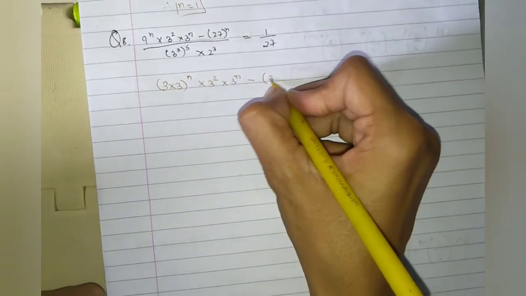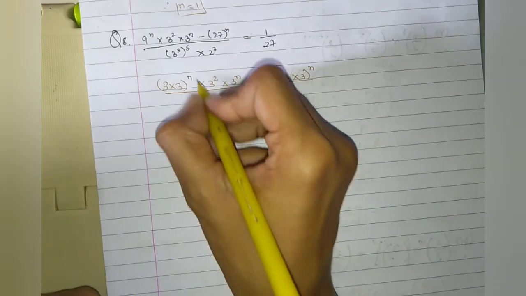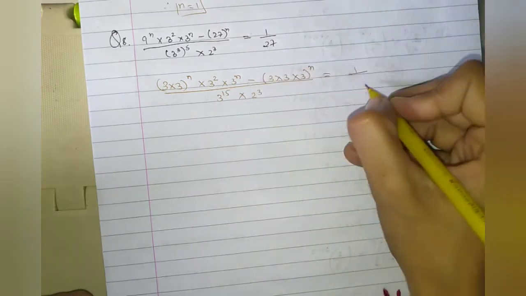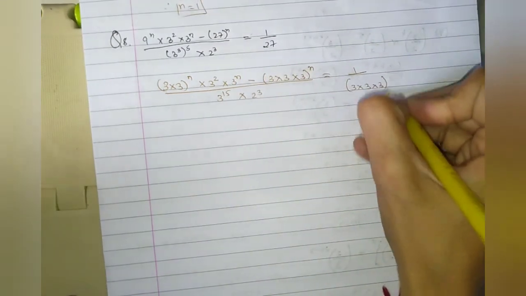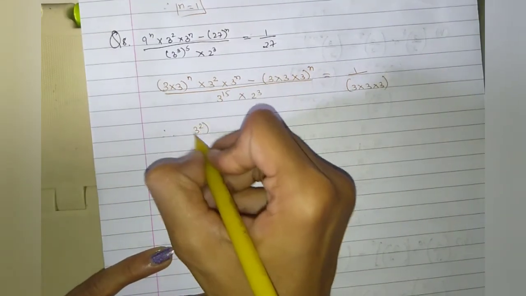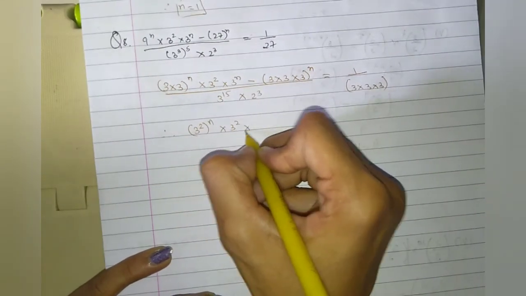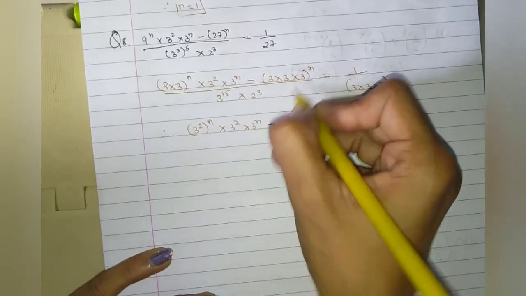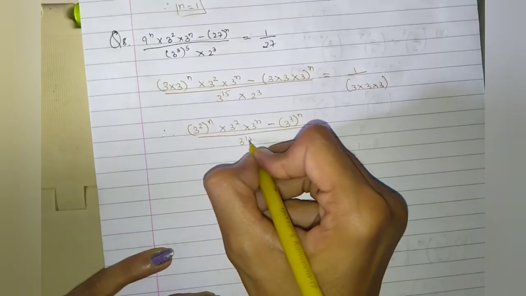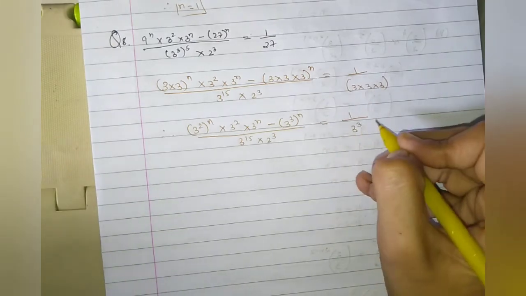This 27 we can write as 3 into 3 is 9, and 9 into 3 is 27, upon 3 raised to 15, since 3 fives are 15, multiply by 2 raised to 3, equal to 1 upon 27, which we can write as 3 raised to 3.